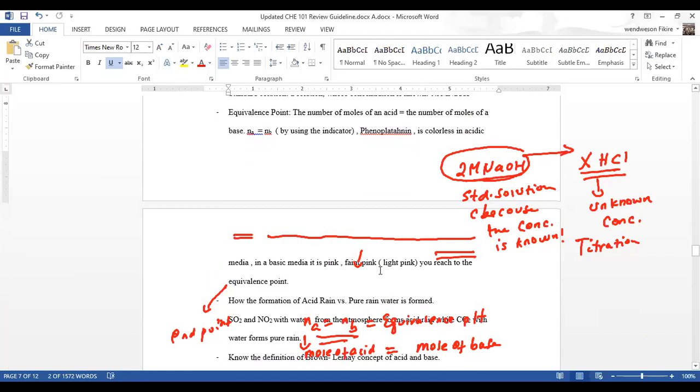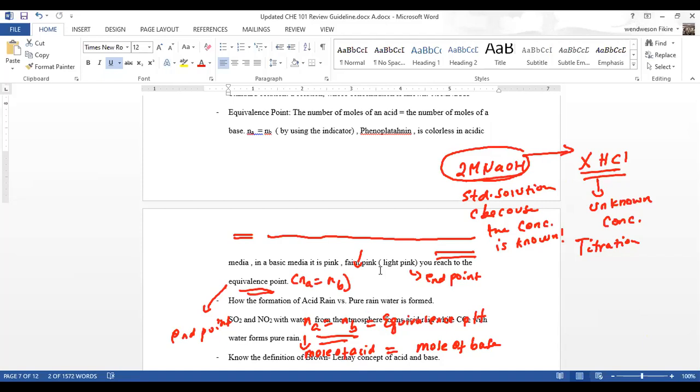If you see a light pink color, that's the end point. You stop the reaction, which means theoretically you have reached the equivalence point, where the number of moles of an acid equals the number of moles of a base. But the light pink shows you where to stop the reaction. That's what end point means.